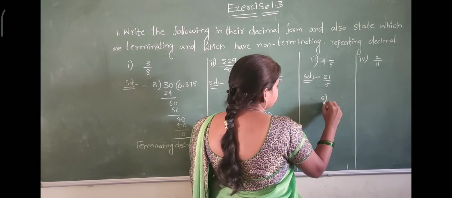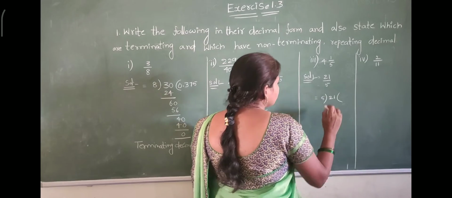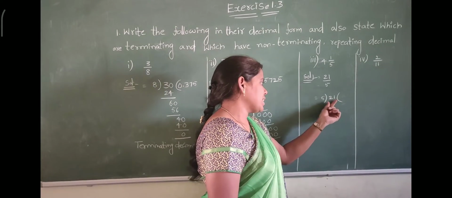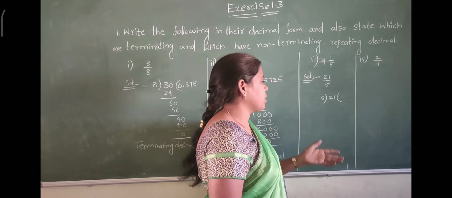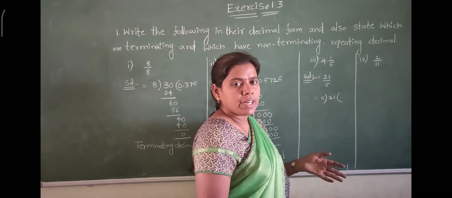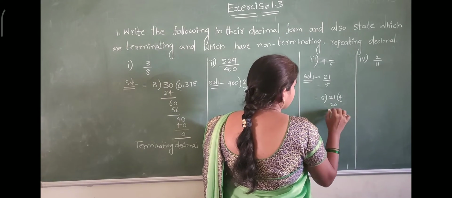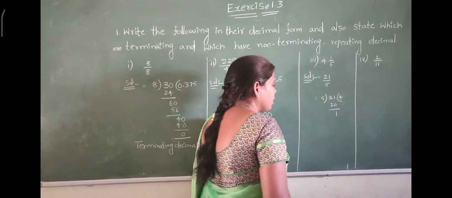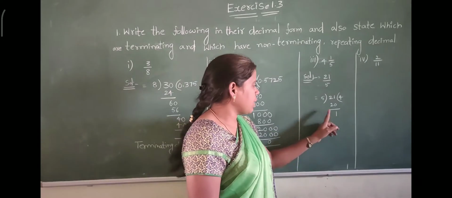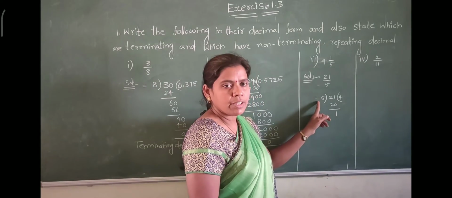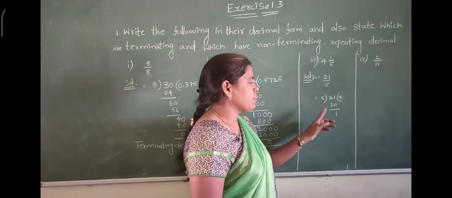If you observe, this dividend is bigger than 5, so we can divide directly. No need to keep a decimal point. 5 fours 20. So 1 minus 0, 1. Again, you have to observe 1 and 5. 1 is less than 5, so we can't divide.